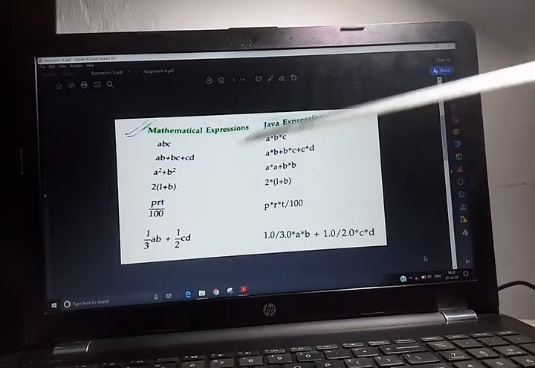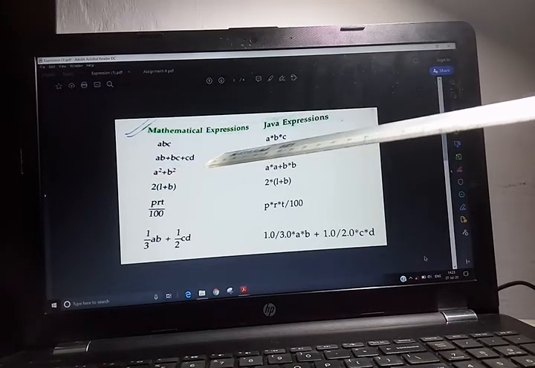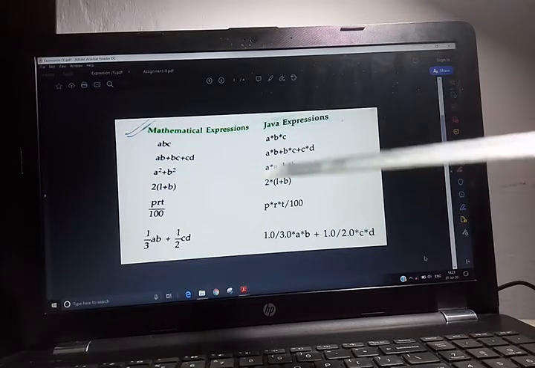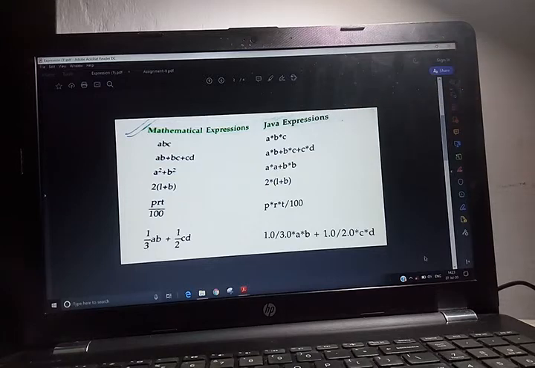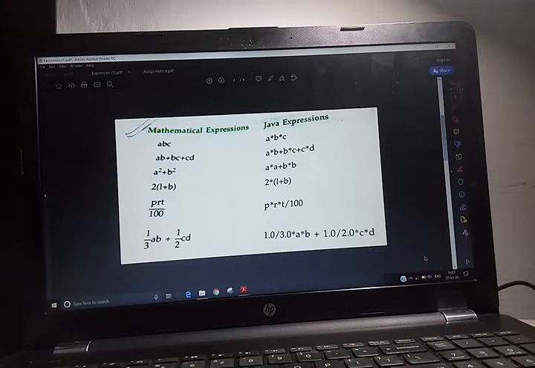So plus and asterisk are mathematical operators and A, B are operands. Then next is A to the power 2 plus B to the power 2: A multiplied by A plus B multiplied by B. Then 2(L plus B): 2 multiplied, and this expression is written with brackets.